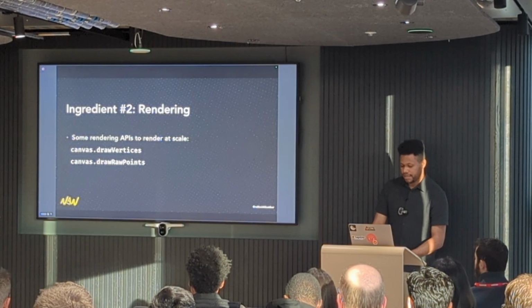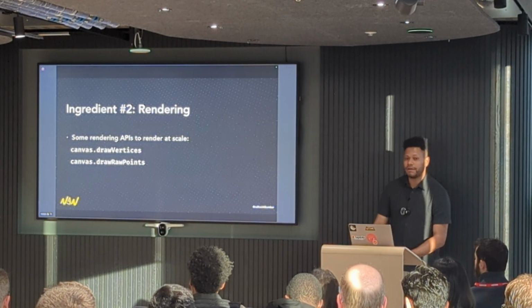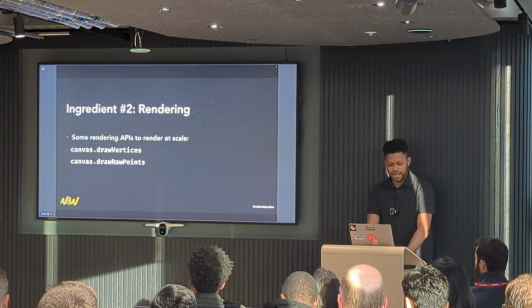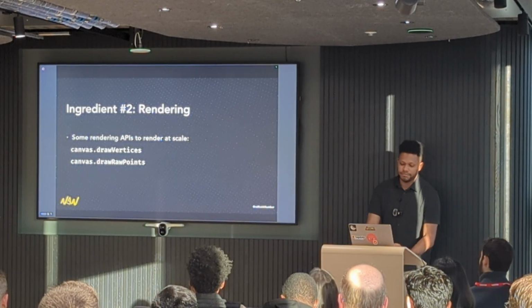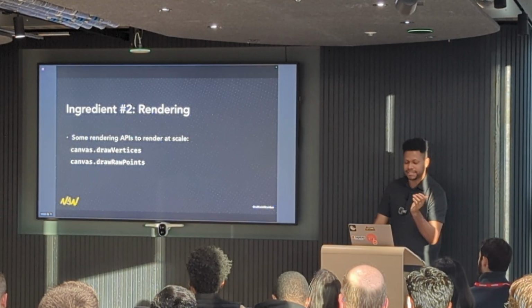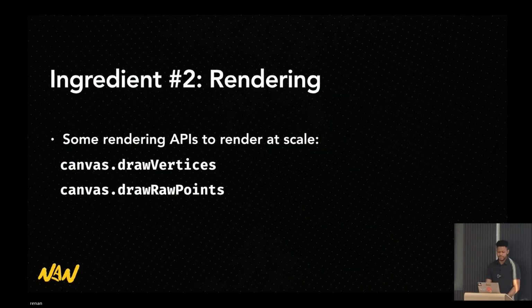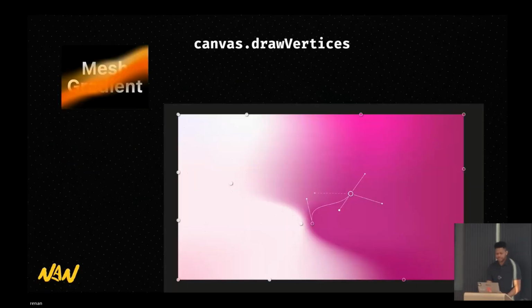It's crazy how people don't know this, but it is very useful to draw things in the canvas at scale. Both of them receive lists, and then they draw stuff. drawVertices is useful for, I use this for mesh gradients, where you can tessellate every bit of a patch between control points, so we have a big mesh of triangles to render a mesh gradient.